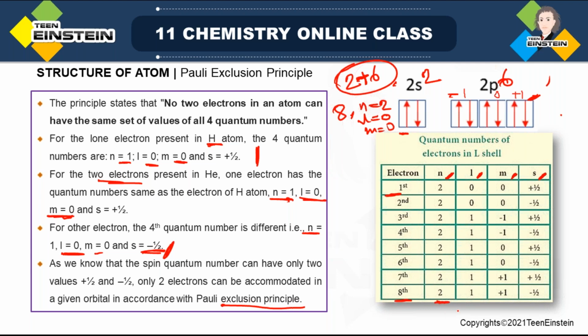Now n is the same for all, it has to be, and l is 0 for the first 2 electrons because it is s, but l is 1 for the next 6 electrons. Similarly for s electrons, m is 0 for both, but for p electrons, there is minus 1 for 2 electrons, 0 for 2 electrons, plus 1 for 2 electrons, and the spin value plus half or minus half. Okay, so in this table, you can see all the 4 quantum numbers for all 8 electrons.